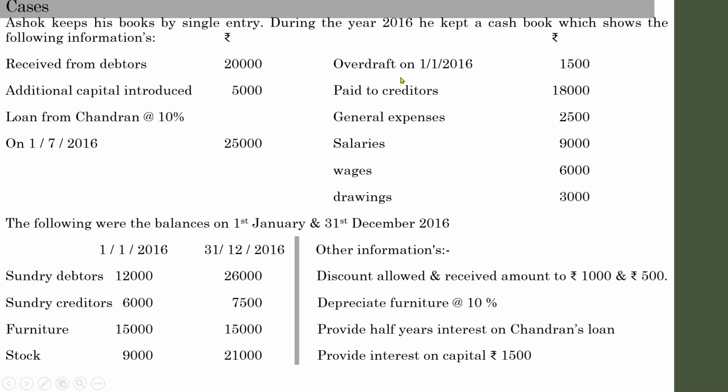We might have borrowed from the bank, so the opening balance will sometimes be credit. So the overdraft on 1/1/2016 means the opening balance of cash, and it has to be shown on the credit side because overdraft means it's a creditor. Next one, paid to creditors, general expenses, fine. Salaries also we know, wages, drawings.